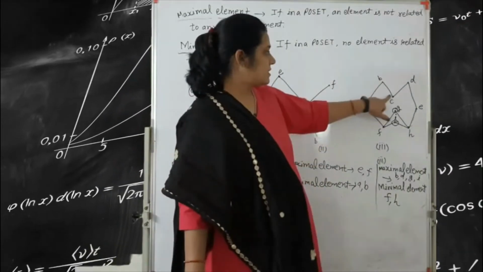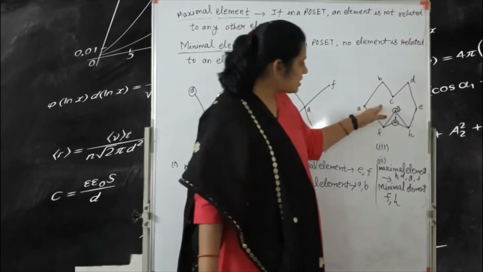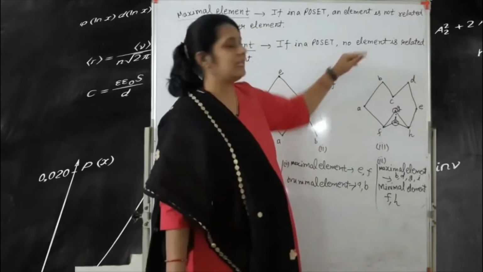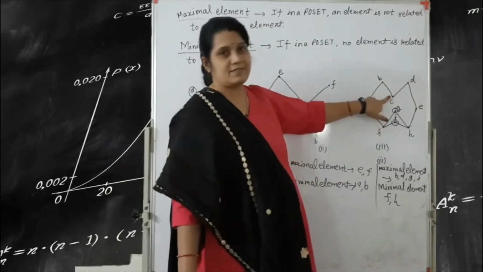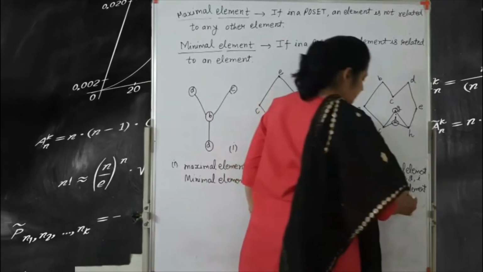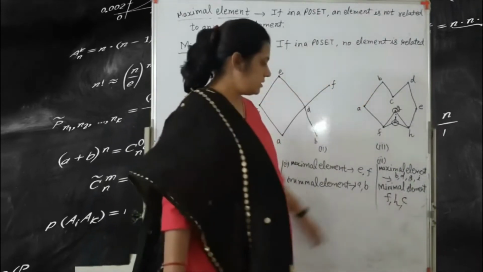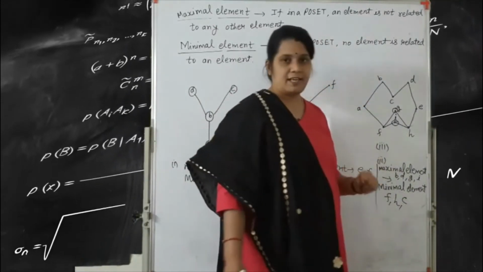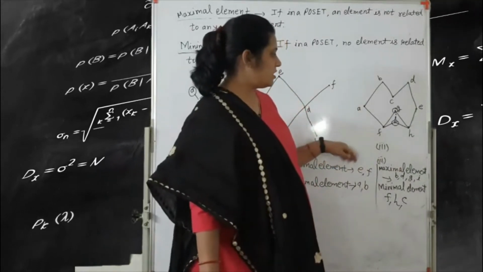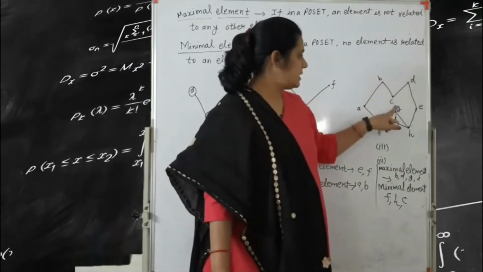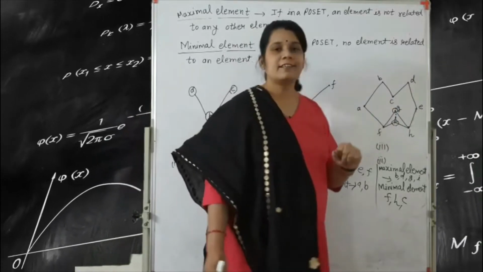But here also no element is related to this element C. So your minimal elements are F, H, C. And the maximal elements are B, D, G and I.